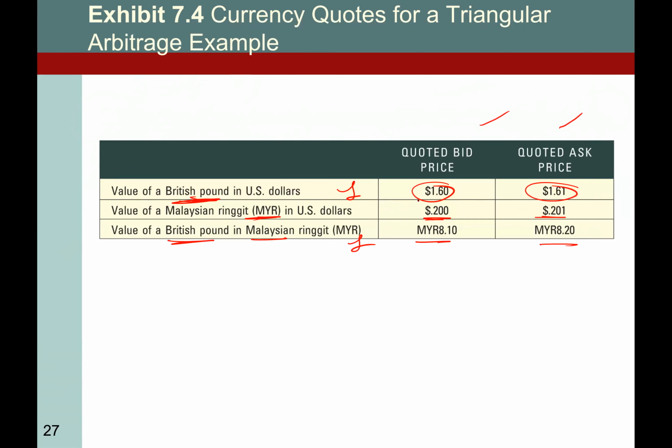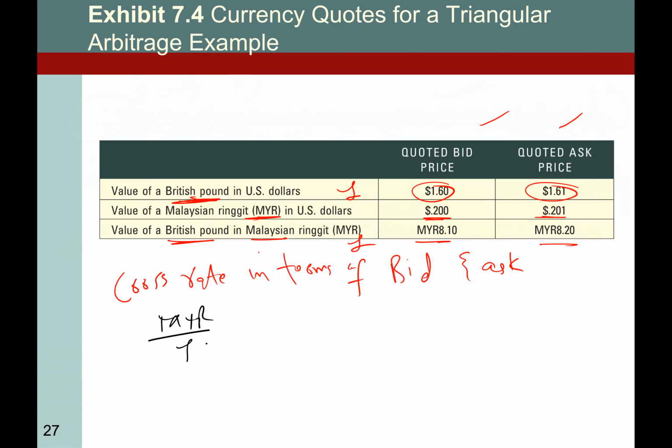So let's talk about its cross rates in terms of bid and ask. Let's do that. So we want to calculate the MYR divided by pound.